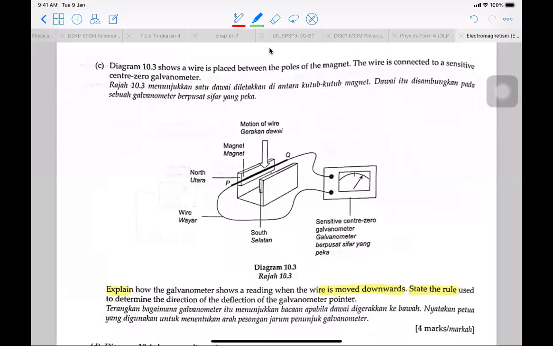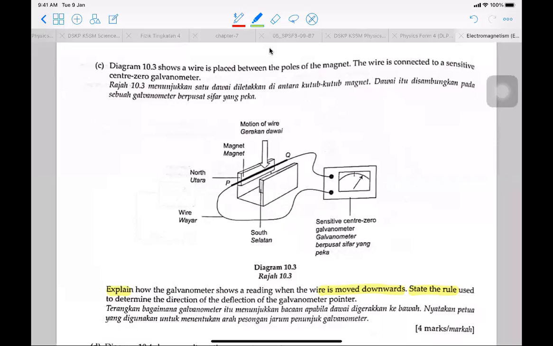State the rule used to determine the direction of the deflection of the galvanometer pointer. So actually, from 4 marks, you need to state 3 marks on how to explain how the galvanometer shows a reading when the wire is moved downwards. And then the remaining 1 mark is when you state the rule used to determine the direction.